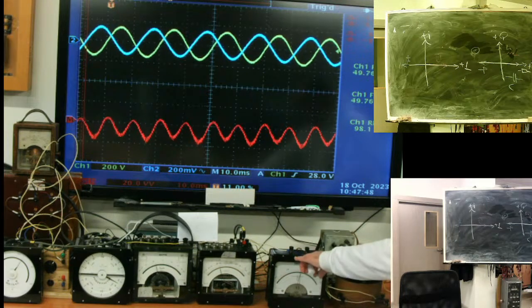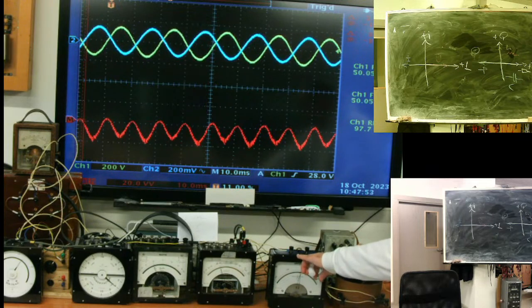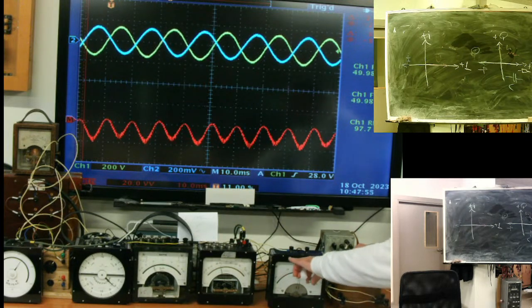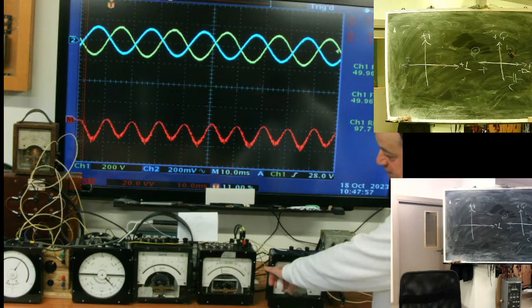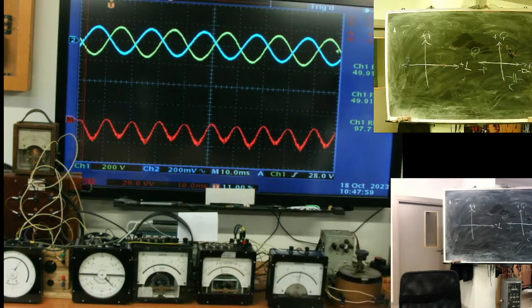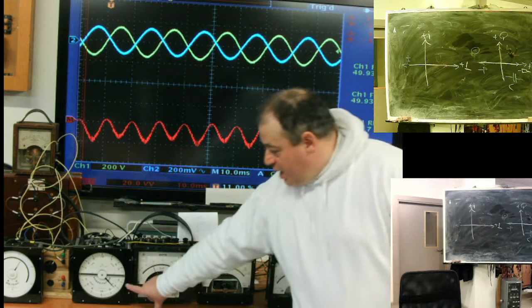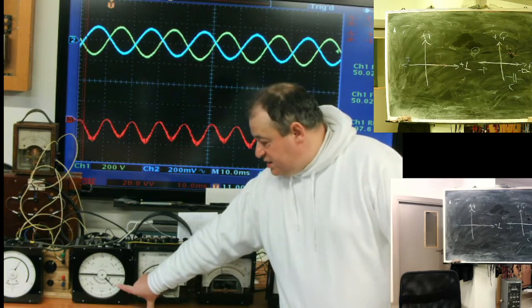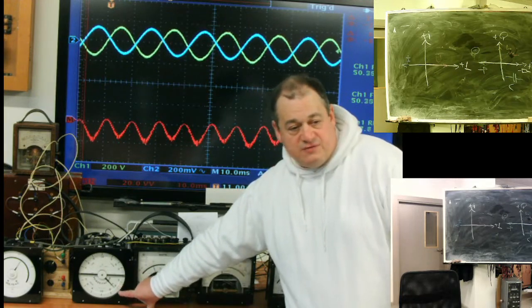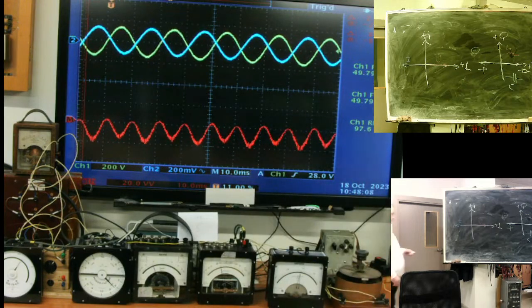Active component increases, but with a minus sign. I'm supplying more and more active power. Here, 95 degrees. Minus coil. See, it's lagging, but it's a minus sign.